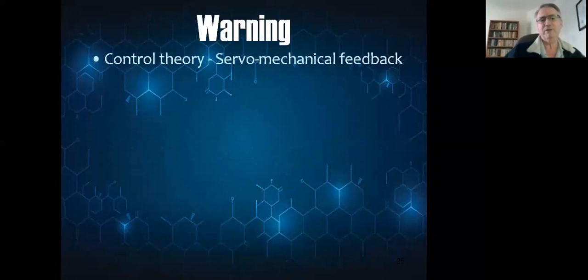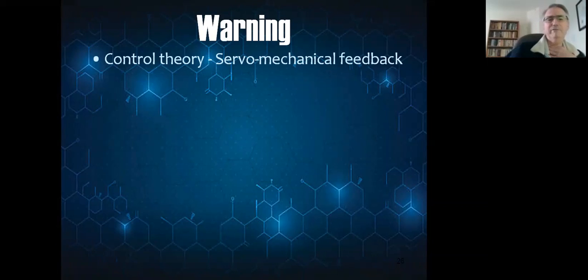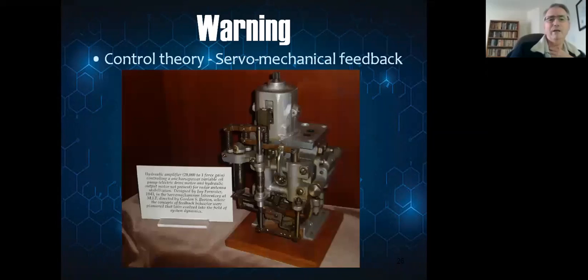I'll now go on to some warnings about the possible misuse of system dynamics. First of all, you have to recognize that system dynamics originally came from the whole idea of servo-mechanical feedback. The idea of system dynamics came from the mind of Jay Forrester, and his first work was in the area of building radar control systems for ships in the Navy.